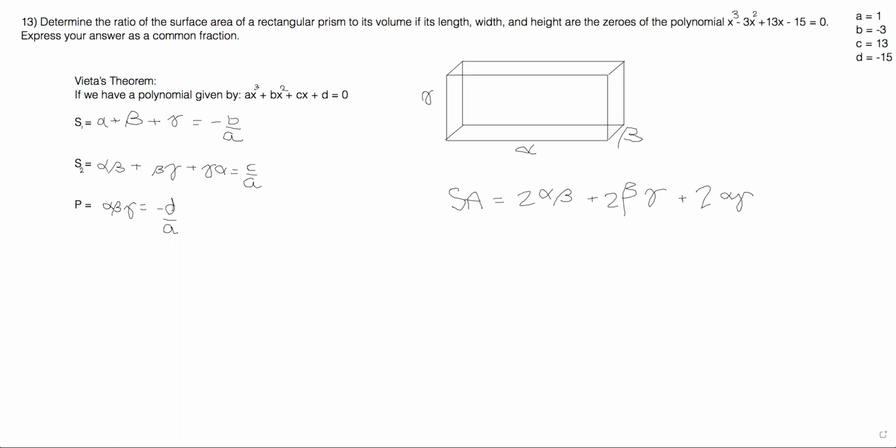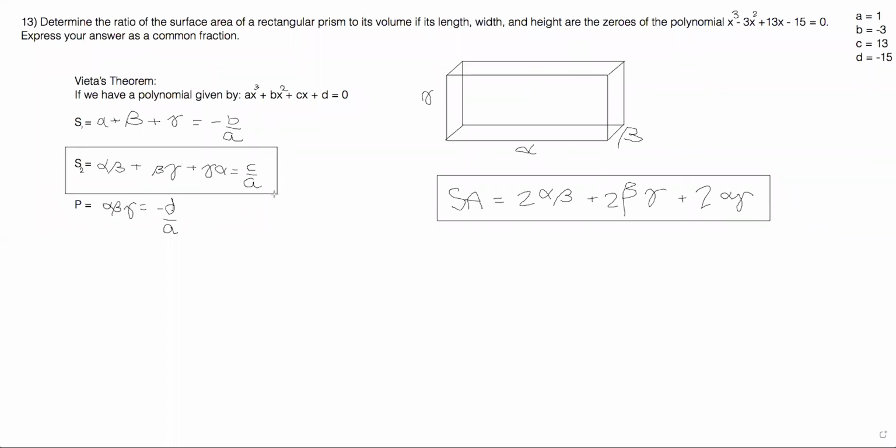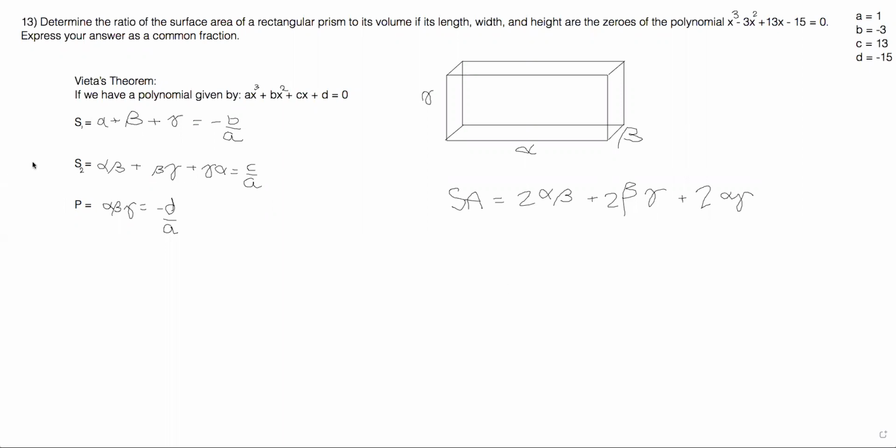And you might have made the connection already, why it's useful to have Vieta's theorem in this situation. I noticed that what we have right here looks really similar to the second sum part of Vieta's theorem. So we can modify our formula to look more like this part of Vieta's theorem.